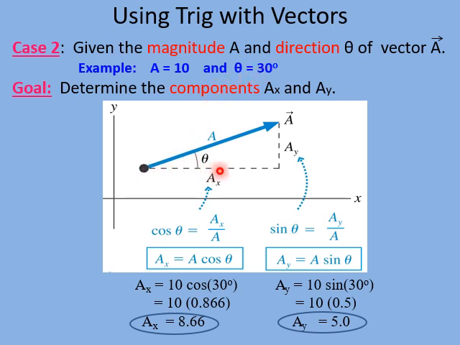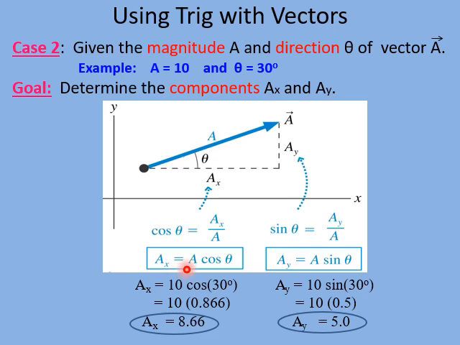We want to find this side down here, a sub x, and we want to find this side or component, a sub y. So let's work on this one down here first. Remember that cosine of theta is defined as the adjacent side, which is a sub x, divided by the hypotenuse, which is the length a. So what we're trying to solve for is a sub x.